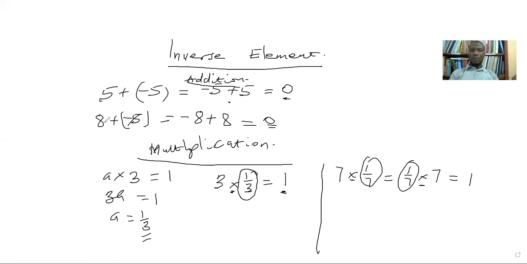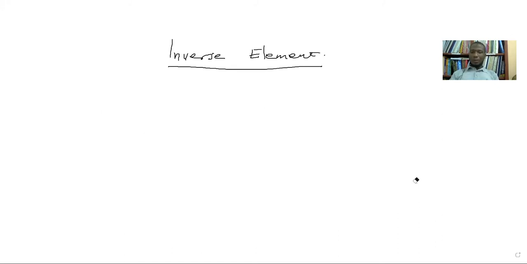Good. Then we can go to binary operation just like we did for the identity element. When we come to binary operation, we are just saying that for a number to be the inverse of another number, when we combine that inverse with the number, we should get an identity element under any operation at all.